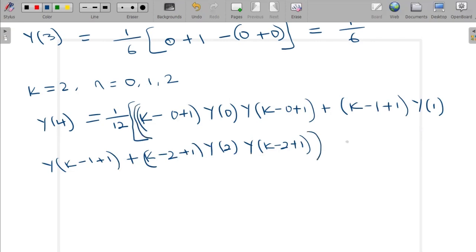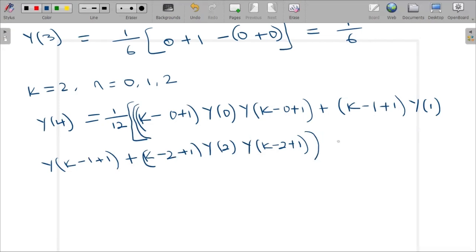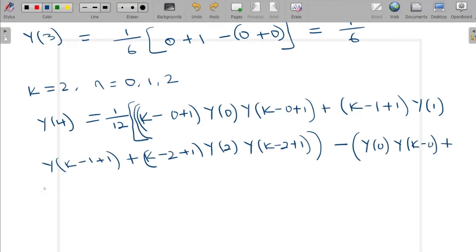Then the other one. So we're going to be having negative, minus this. So that will be when n is 0, y of 0, y of k, plus when n is 1, y of 1, y of k minus 1, plus when n is 2, y of 2, y of k minus 2.